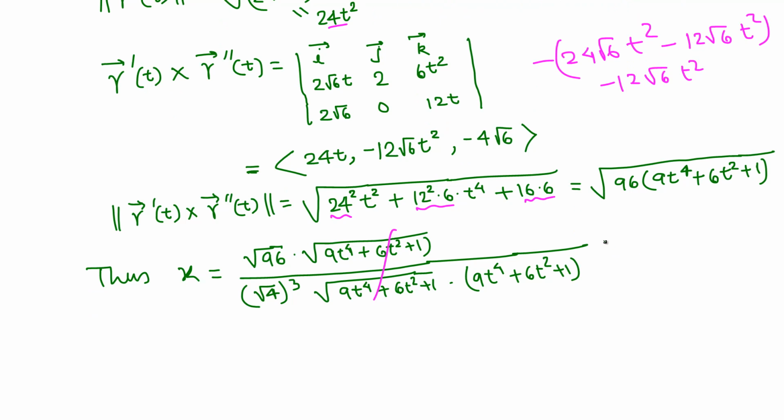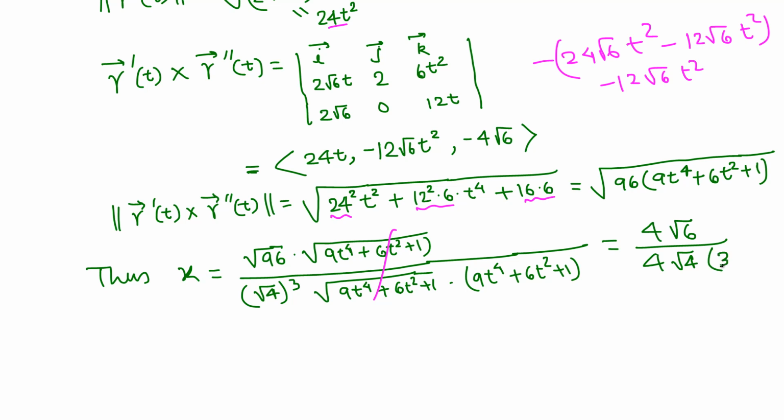So root 96, this is 16 times 6, so root 16 is 4 root 6, over this is 4 root 4, so 4 cubed means 1 copy, from 2 copies of root 4 we get 4 root 4, and this you can factor if you like, which is not needed.